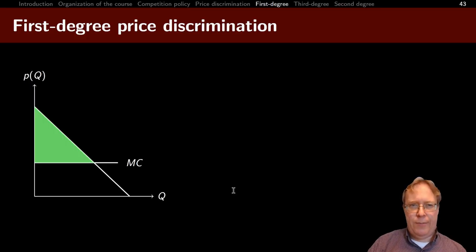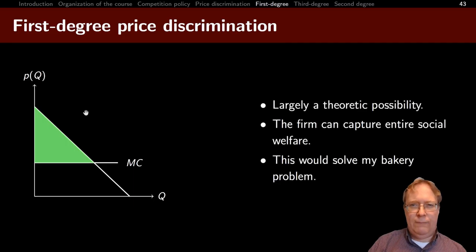Here's first degree price discrimination. Suppose that this is your downward sloping demand function, and suppose you're able to charge everyone exactly what they're willing to pay. So this person here, we're able to charge them that price. That person here is willing to pay this amount, and you're able to charge that. So what happens in that case?